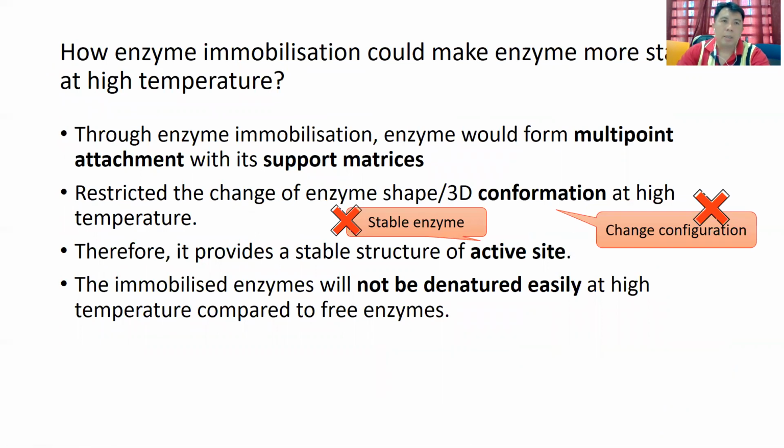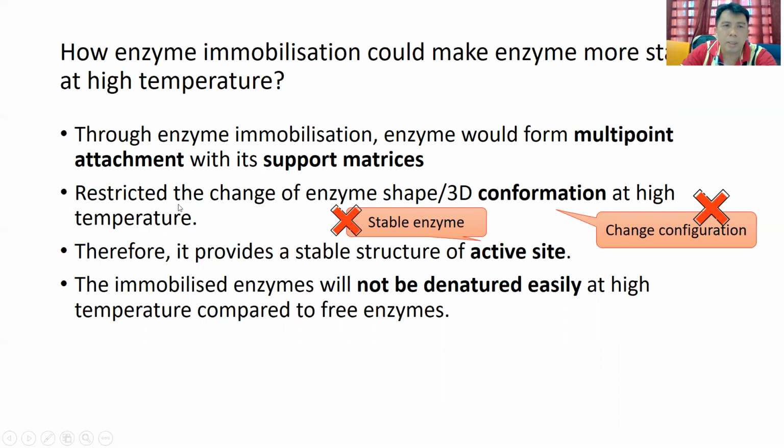How could enzyme immobilization make an enzyme more stable at high temperature? This is a simple question, and the answer is the same as just now. Through enzyme immobilization, the enzyme would form multi-point attachment with its support matrices. You can write inert support matrices, or inert insoluble support matrices.